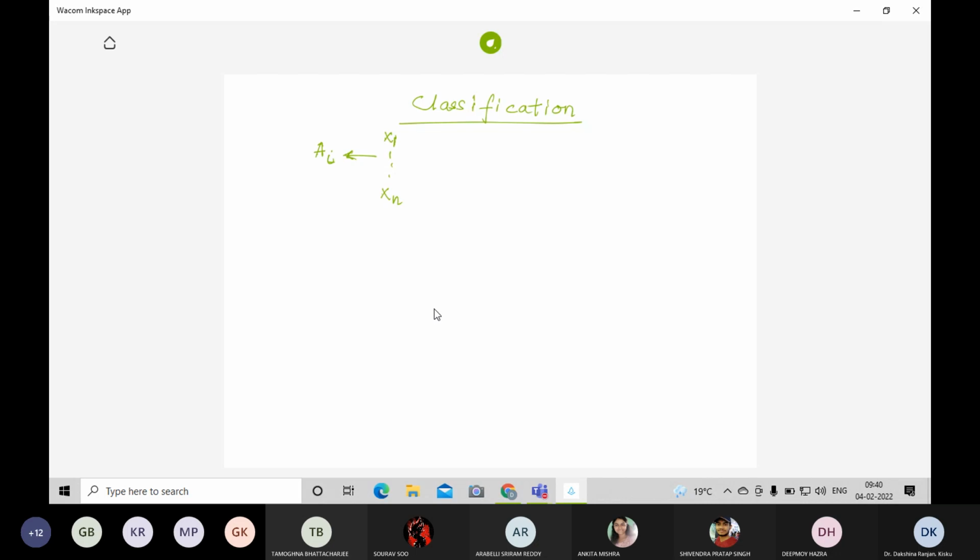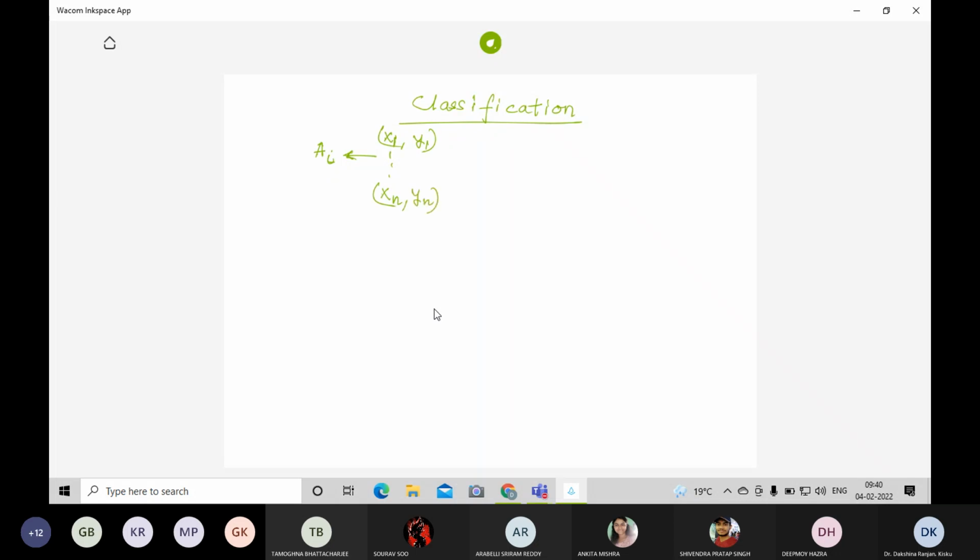These examples will be used to train the algorithm with their corresponding class labels: x1 comma y1, x2 comma y2, up to xn comma yn.